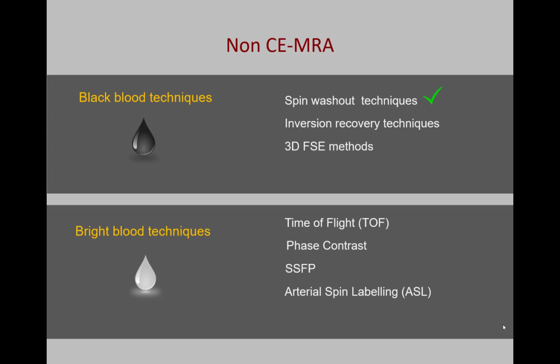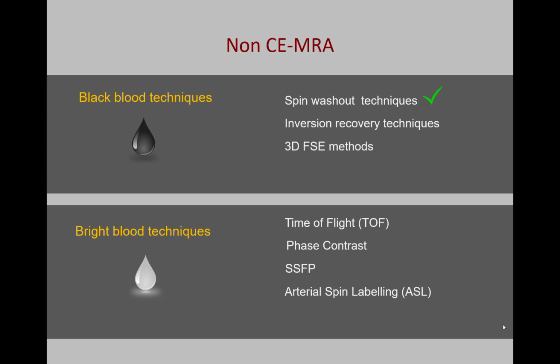So we saw it's a feature of spin echo type sequences, and it has a disadvantage in terms of slow flow and in-plane flow. The next one we're going to look at is black blood techniques which are based on inversion recovery methods. Just to take a step back, you will remember STIR and FLAIR.